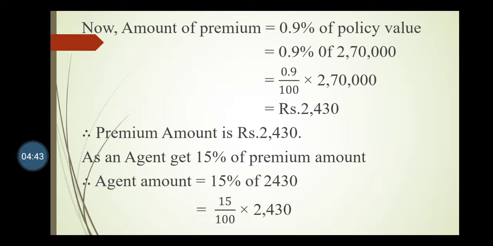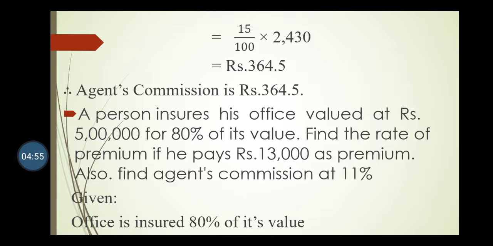Now as an agent gets 15% of premium amount, therefore agent amount equals 15% of rupees 2,430. And when we solve this, we will get rupees 364.5. Therefore, agent commission is rupees 364.5.